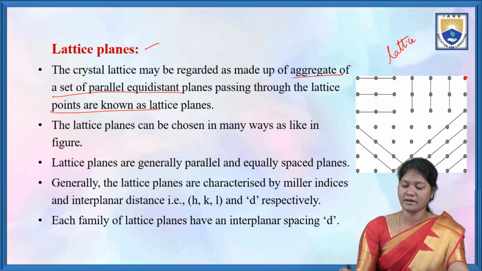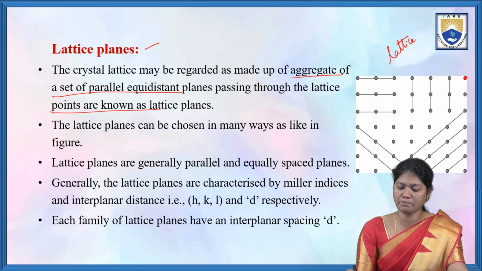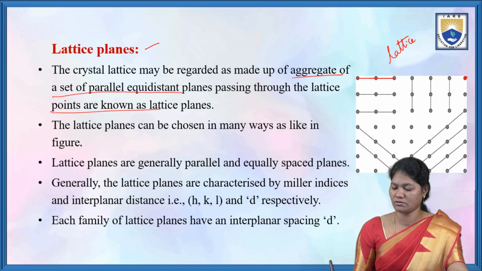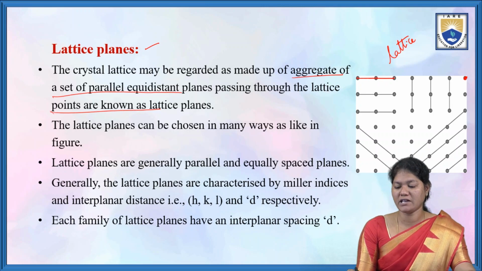Here a plane is passing through the lattice points. How many lattice points is it passing through? 1, 2, 3. The plane is passing through 3 lattice points.